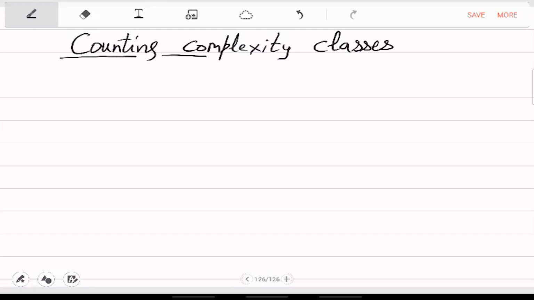Okay, so let's study the complexity of counting problems. So the main motivational problem is sharp SAT.